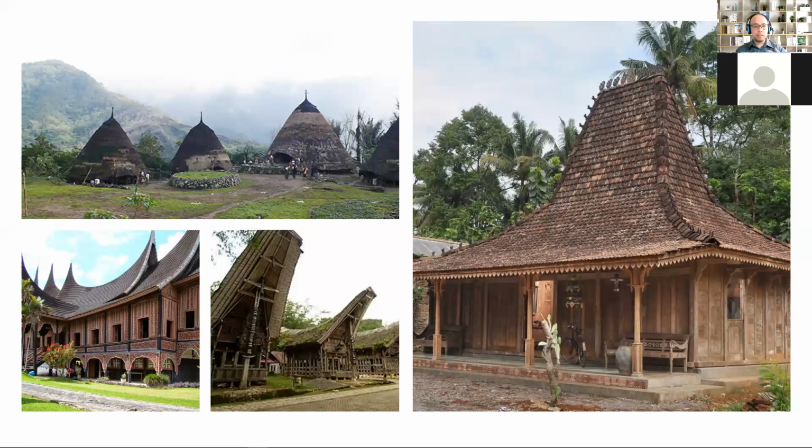We have, as a nation, a very, very rich architectural tradition, which oftentimes goes unnoticed. However, our architectural tradition reflects different cultural values from one island to another. So, how many cultural groups do we have? Many. That is as many architectural styles and building styles as we have in our nation.